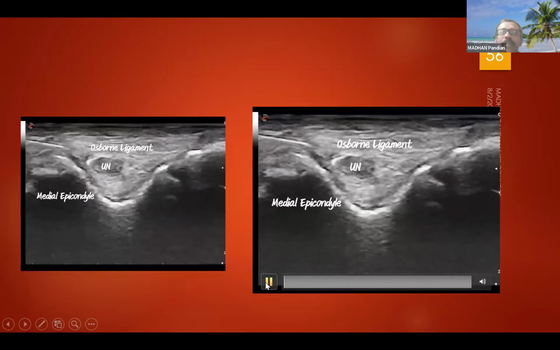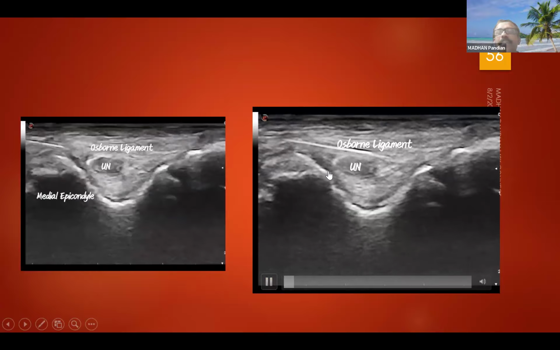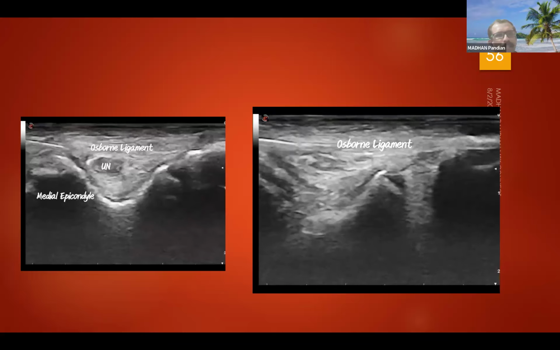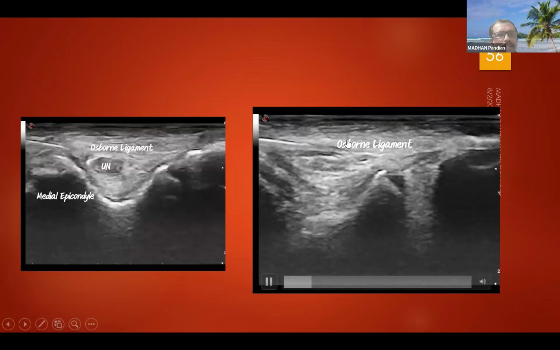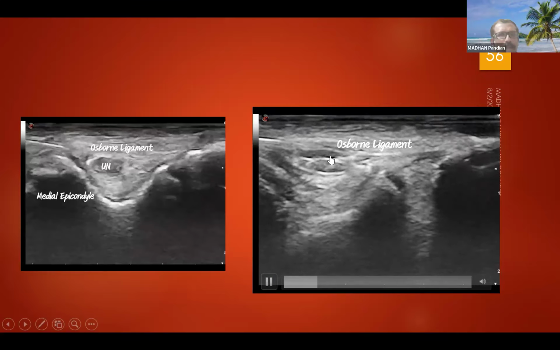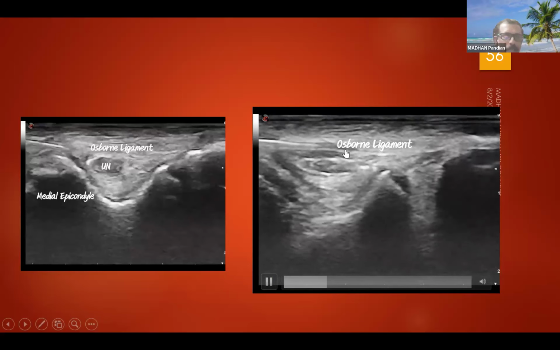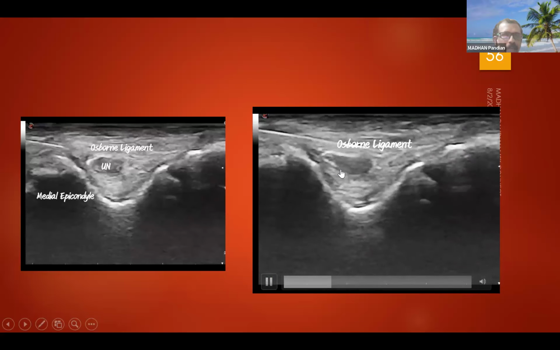You can come either from the medial side or from the lateral side, and that's how you do the hydrodissection. Very clearly, you must avoid the nerve and ensure that you put in some 5% dextrose above and below the nerve, hydrodissecting the space between the Osborne ligament and your ulnar nerve.